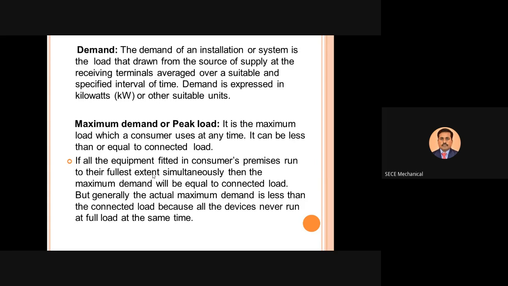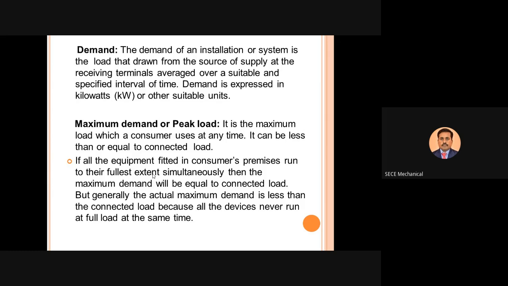So it can be less than or equal to the connected load. This is a formula: it should be less than or equal to the connected load. If the connected load is less, you can easily supply. If the connected load is more, you are not able to supply the power according to the requirement.